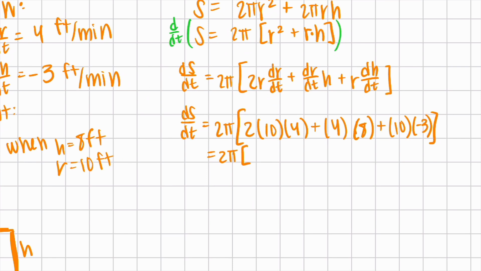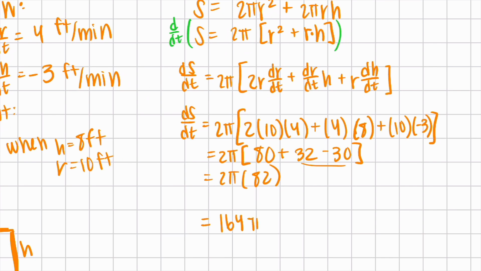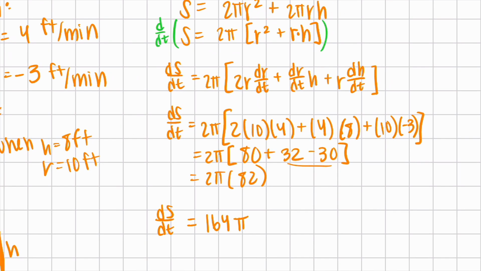This is, let's see, 80 plus 32 minus 30. So this is 2 pi times 82. And we get 164 pi. So this is dS/dt. Surface area is an area, so we're going to say feet squared per minute.